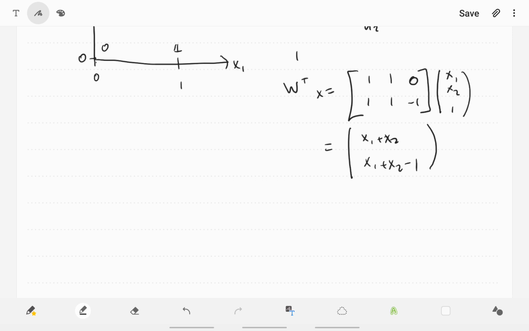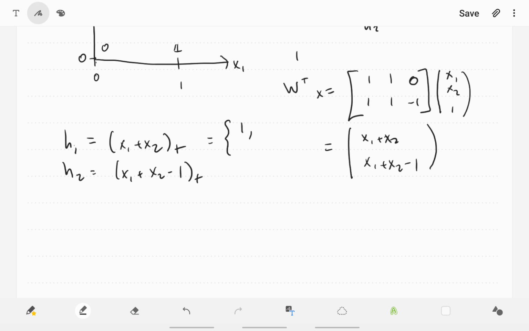So let's apply the ReLU. H1 is going to be the positive part of x1 plus x2, right? And H2 is going to be the positive part of x1 plus x2 minus 1. So the positive part of x1 plus x2, let's just think about what that is.